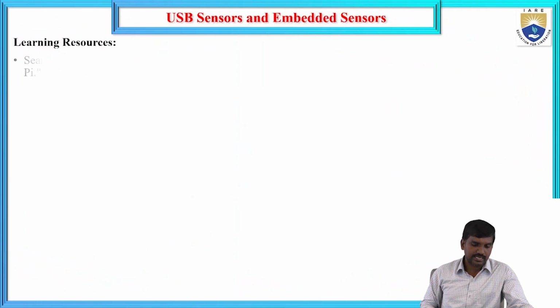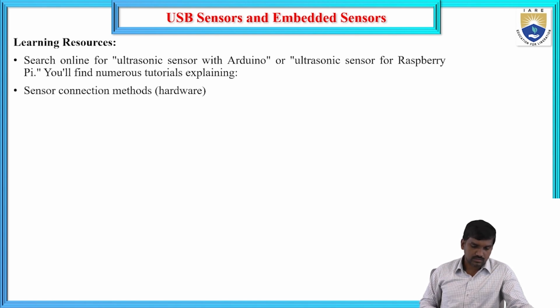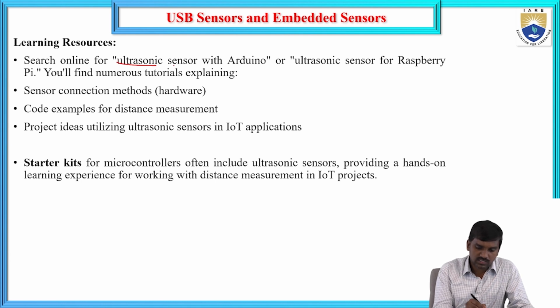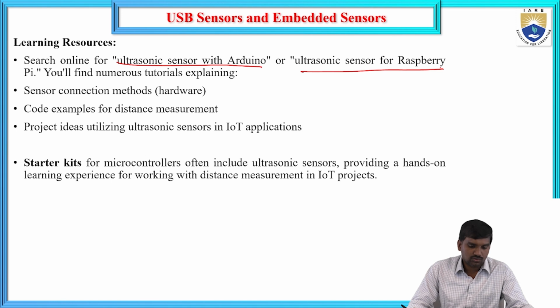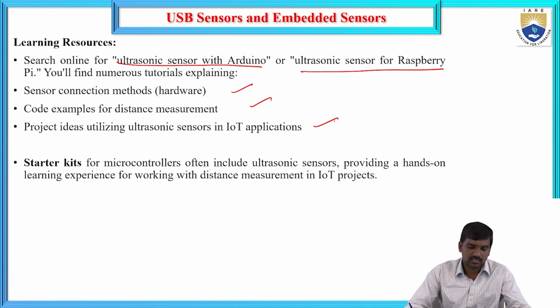Next, learning resources. You can type ultrasonic sensor with Arduino or ultrasonic sensor for Raspberry Pi. You will find numerous tutorials explaining sensor connection methods, hardware, code examples for distance measurement, project ideas utilizing ultrasonic sensors in IoT applications.